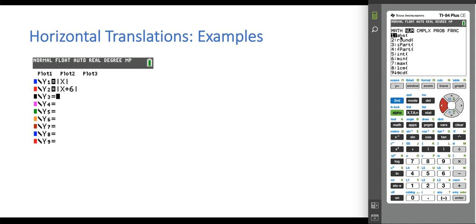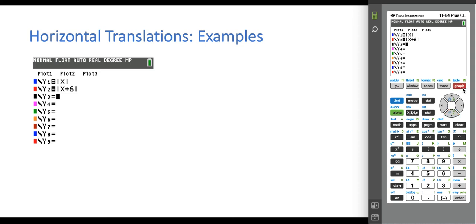And we want ABS. So I'll press enter. So it brings up my absolute value signs, and I'll put x. And then I'll do the same thing with x plus 6. And I'll put x plus 6 inside the absolute value symbols.